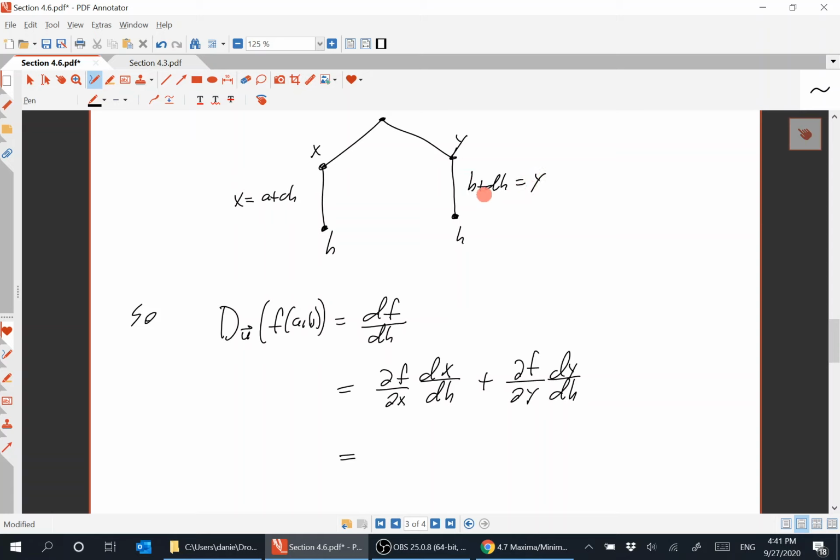Well, dx/dh is what? h is the variable and c is a constant, so it's just c.